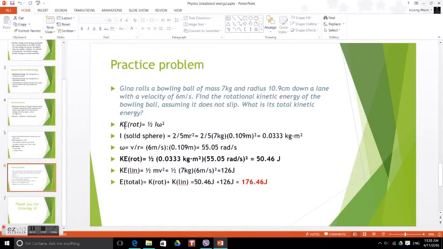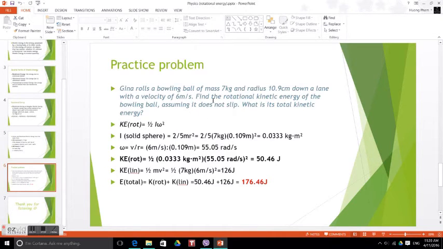So we know that the equation for the rotational kinetic energy is 1/2 times inertia times angular velocity squared. This is the moment of inertia for a solid sphere. We consider the bowling ball to be a solid sphere, so the moment of inertia is equal to 2/5 times mass times radius squared.